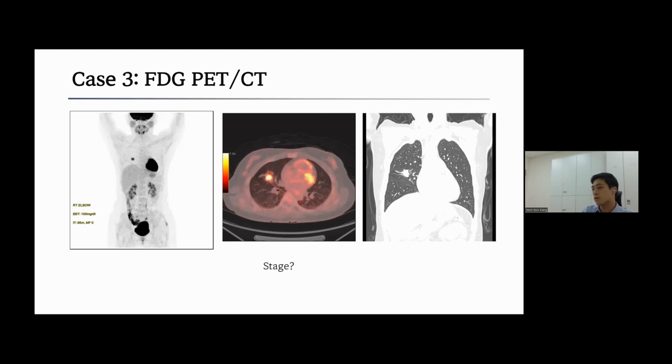And no metastatic lesions are observed. So the stage is T2a, N0, M0. The patient received lobectomy, and the pathologic stage was also T2a N0. And visceral pleural involvement was confirmed by pathologic diagnosis.